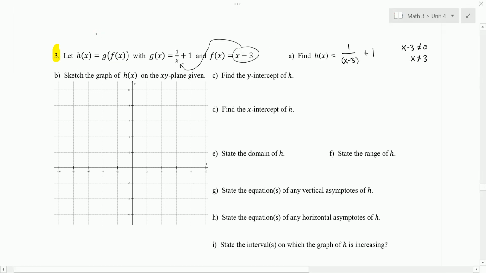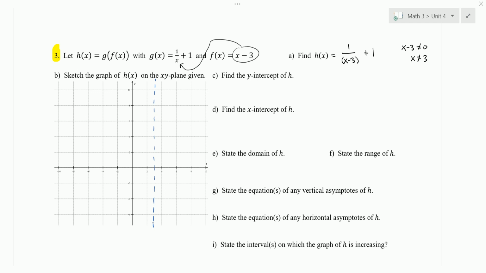So I'm going to put that in here at 3. To get a little more help with our graph, I'm going to look at part C and part D.